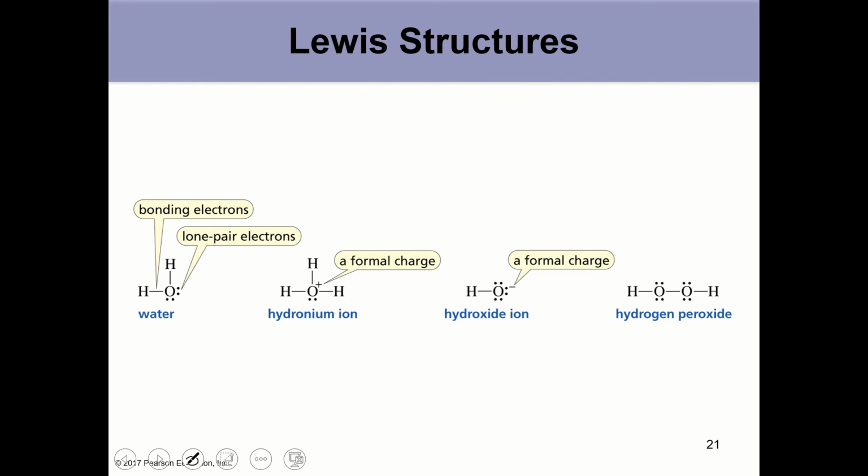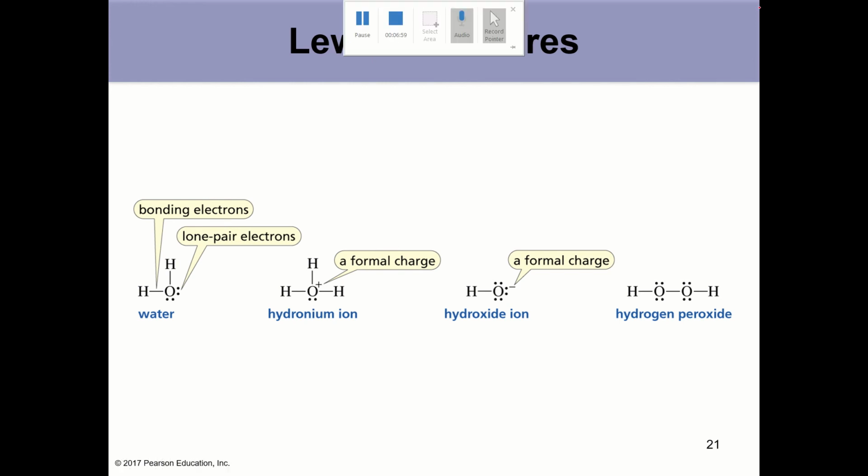You should be very familiar with and capable of drawing Lewis structures in this course. There are several different ways to draw Lewis structures, and our preferred method is going to be skeletal structures. So you need to remember how to draw Lewis structures and to become very, very proficient at drawing Lewis structures. When you draw a true Lewis structure, you should show all bonds, all lone pairs, and all formal charges.